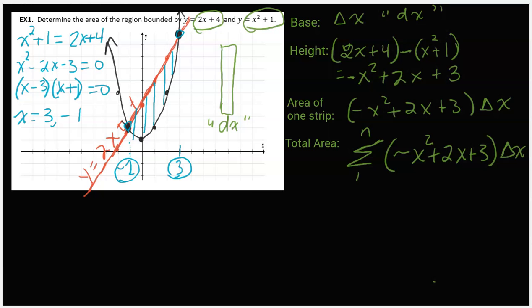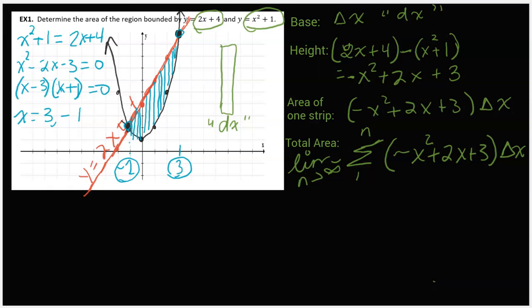And then we take the limit as n goes to infinity, meaning let n be really big so that my rectangular strips get thinner and thinner. You have many rectangular strips, and that gets you a better and better estimate of the area of that shape, right?